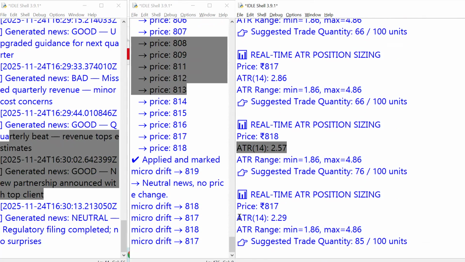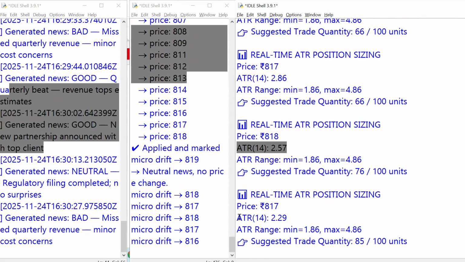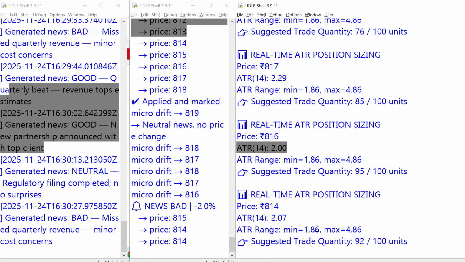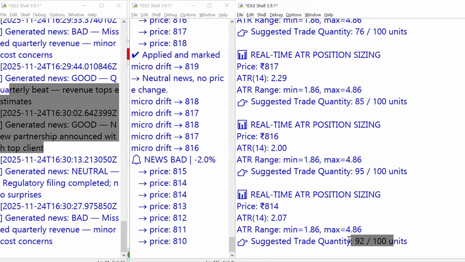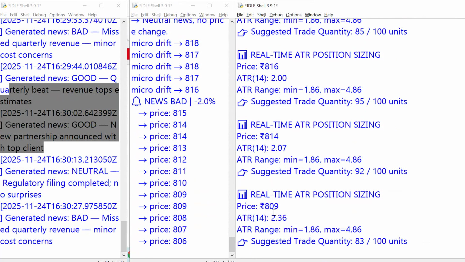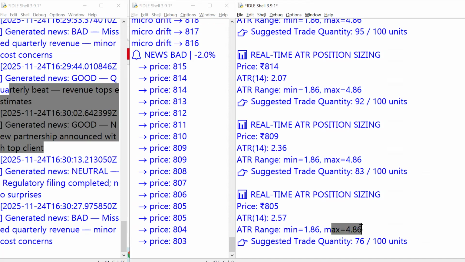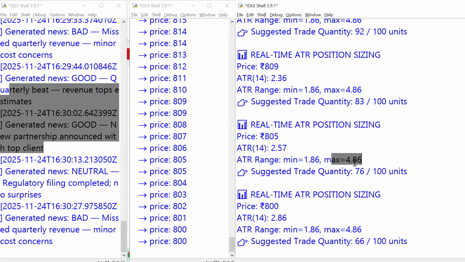It's collecting it from the last 14 cycles. If the current ATR is near the low value, we trade with the maximum number of units. If the ATR is close to the max value, we trade with a smaller quantity.